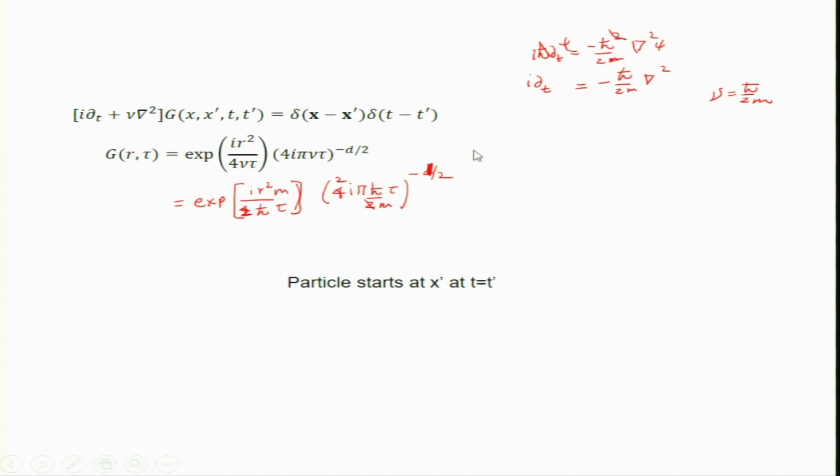So, what is the interpretation from this Green's function language? Start the particle at x prime at time t prime. So, this is a position x prime, in this room you can just choose a position x prime and at time t prime, and what is the probability amplitude for the particle to reach x at time t, and this is the answer.